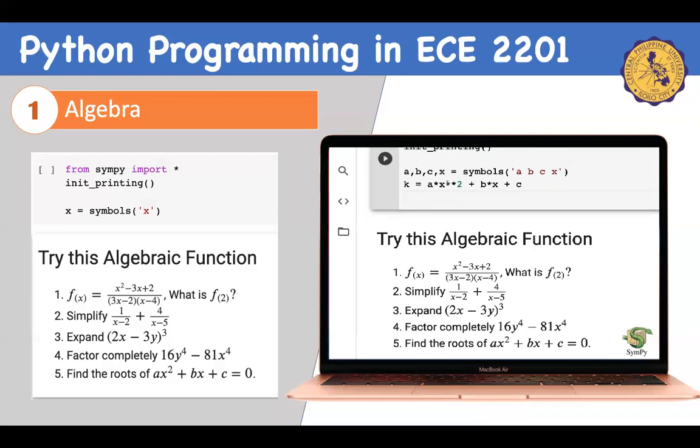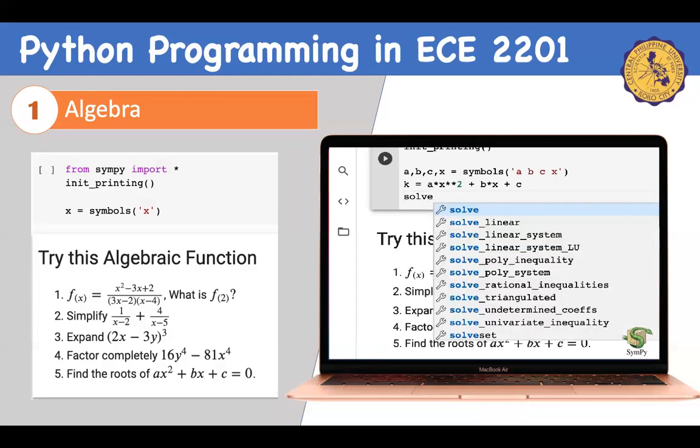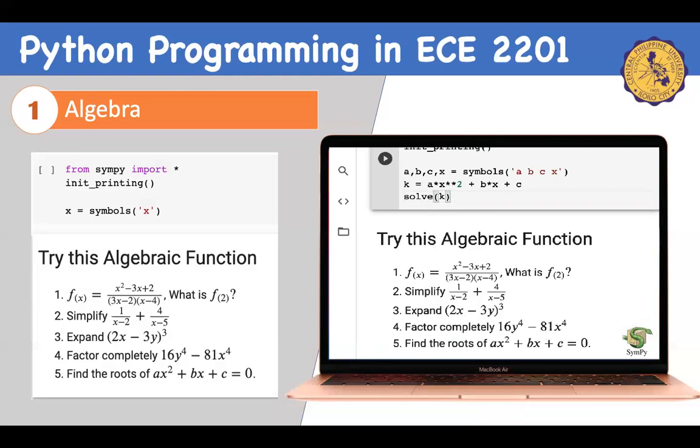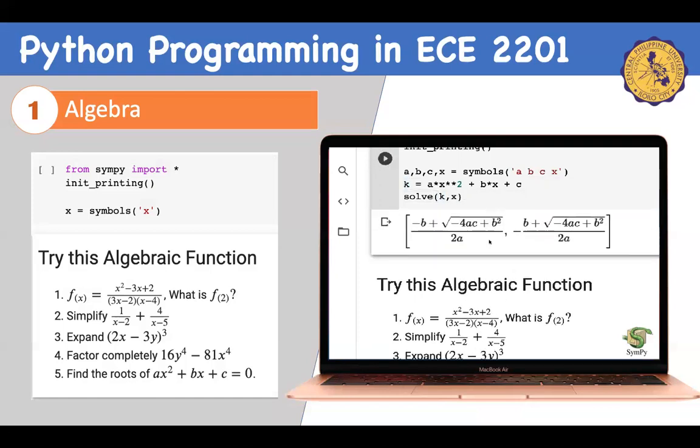And I will use the solve function in Python to solve for the roots. We can call solve, put the function k, and then the variable x that you want to solve. Take note, k is the function and x is the variable that you want to solve.